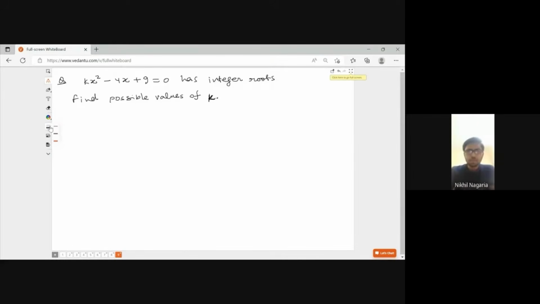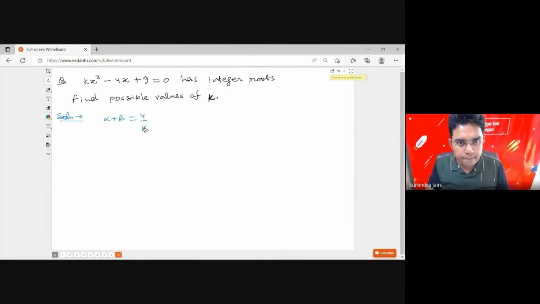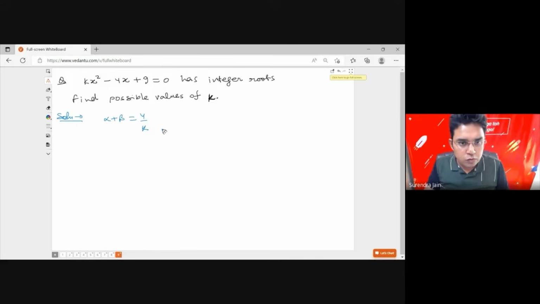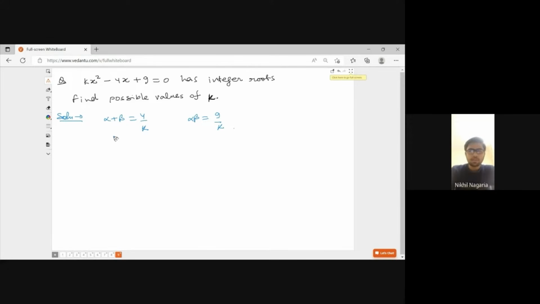The two roots are integers, so their sum should also be an integer. So 4 over k is an integer. Similarly, 9 over k is also an integer. Now k must be rational, because if k is irrational, 4 over k cannot be an integer.